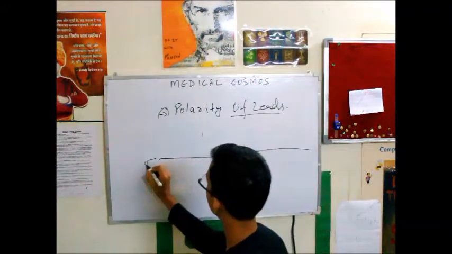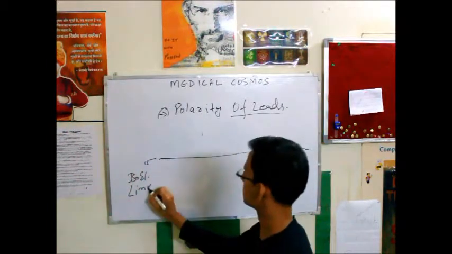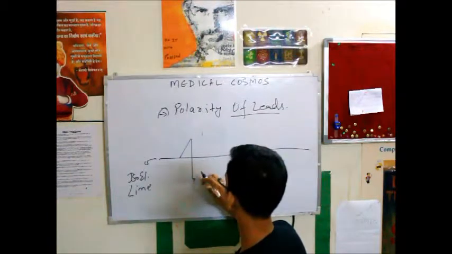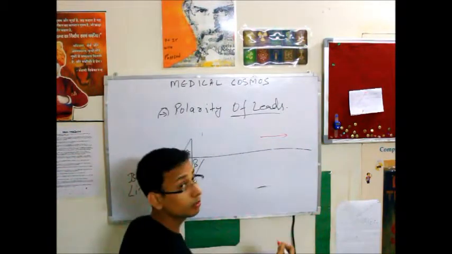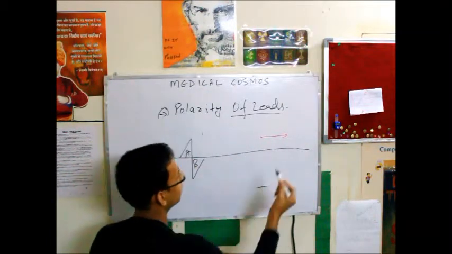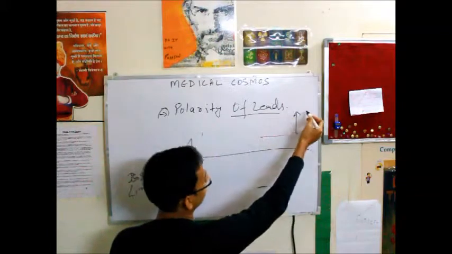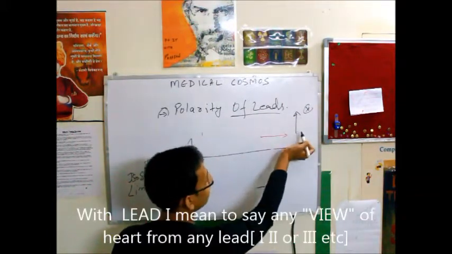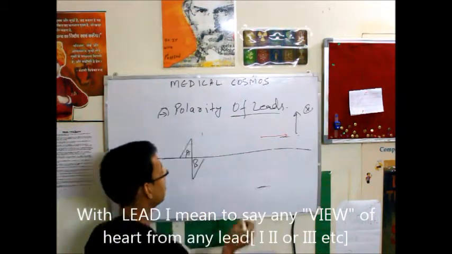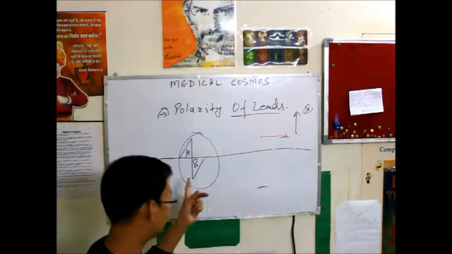This is the isoelectric line. The wave of depolarization, for example, is perpendicular to the lead. Say we are taking any lead X, viewing the heart from this point of view, and the wave of depolarization is traveling towards here. Then we will attain this waveform.